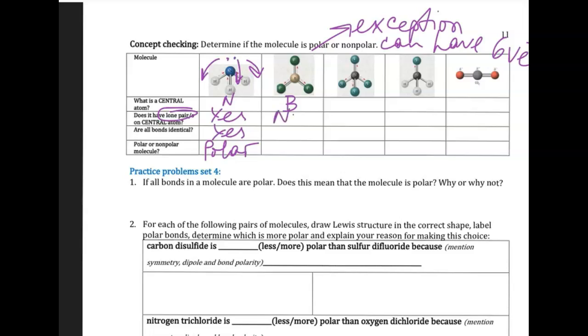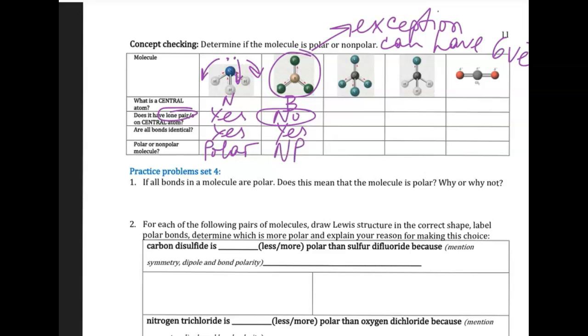So the electron group number is 3, no lone pairs. Here, all bonds are identical, and you can see it's symmetrical. No lone pairs. That gives us a non-polar molecule. If it were not symmetrical, it would be polar, but in this case it is symmetrical, so it's non-polar.